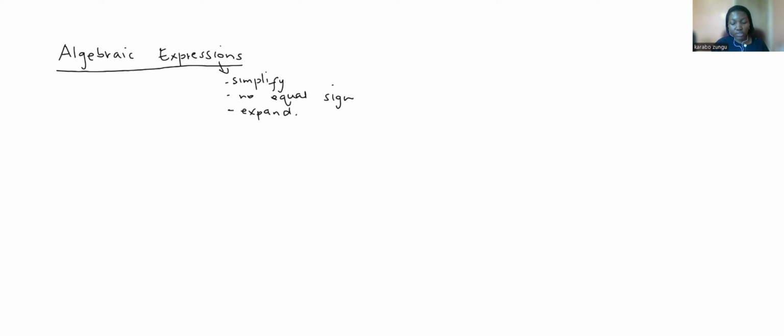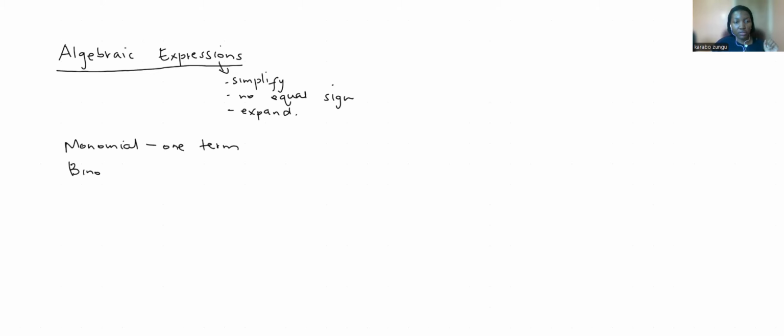Before we proceed into doing all those things, I would like to start by defining the terms. We know a monomial as an expression consisting of only one term. Then we have a binomial.